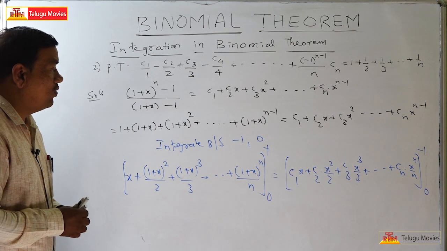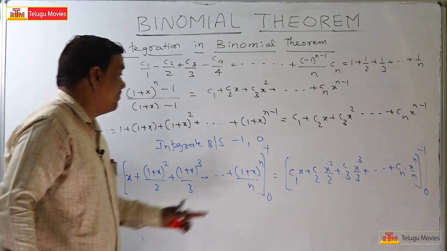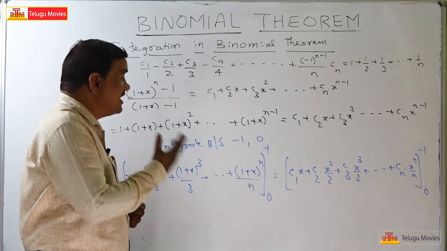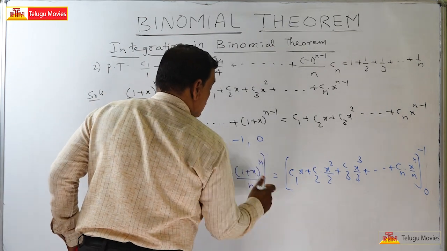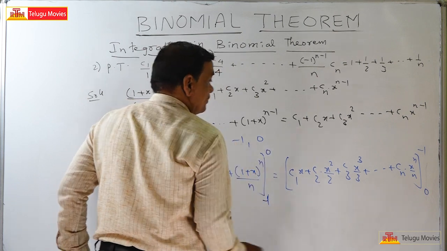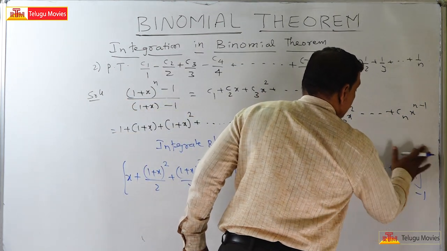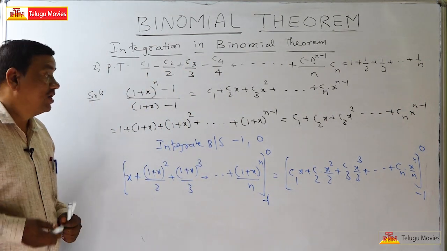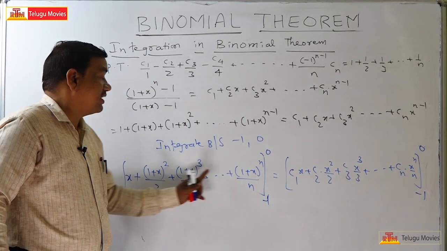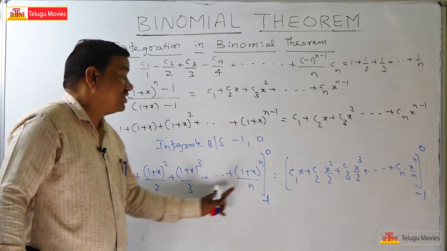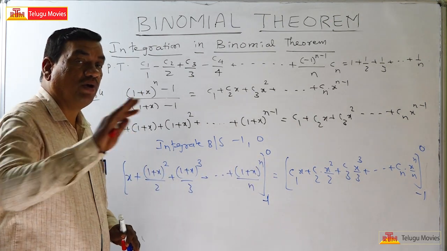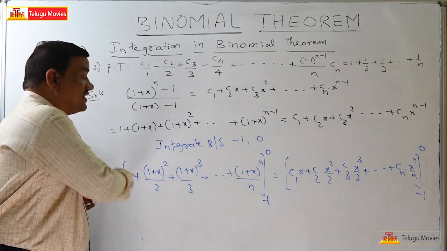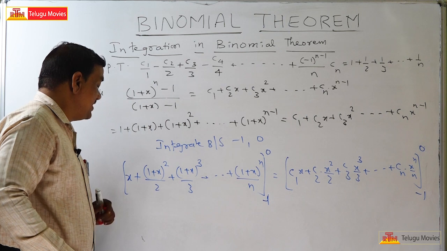Okay, now let us substitute. The limits are from minus 1 to 0. The lower limit is minus 1, upper limit is 0. If you substitute in each term, you have 0. Therefore, the upper limit part will become 0, and for the lower limit, minus 1 will come.